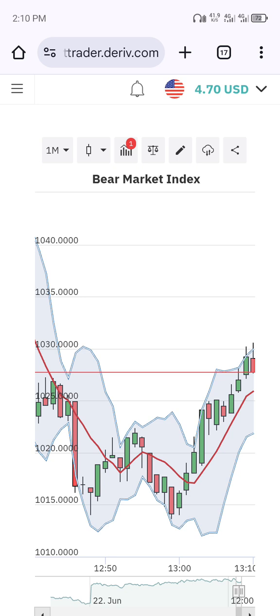It seems to be retracing, but I need a confirmation candle to form before I follow this trend. That's a good signal there, but I need to confirm it with another candle. I'm waiting patiently as I observe the market.